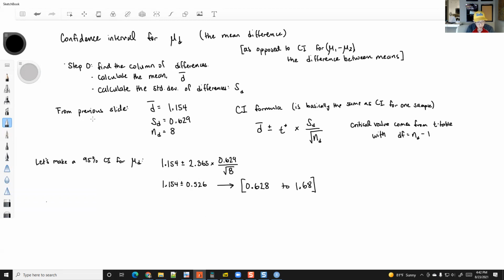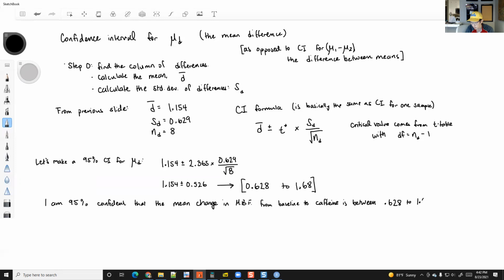So I would say I am 95% confident that the mean change in myocardial blood flow from baseline to caffeine is between 0.628 and 1.68, I don't know, units lower.